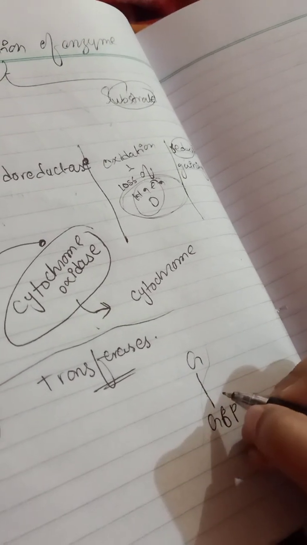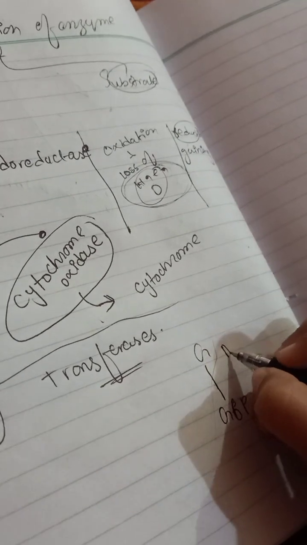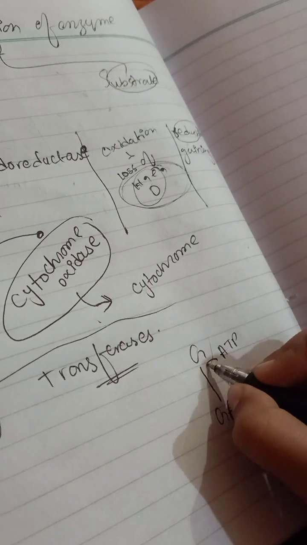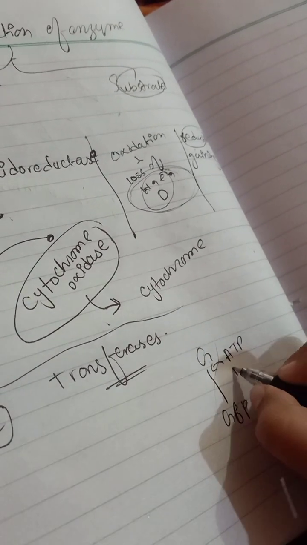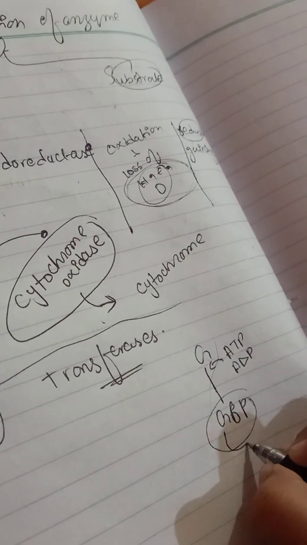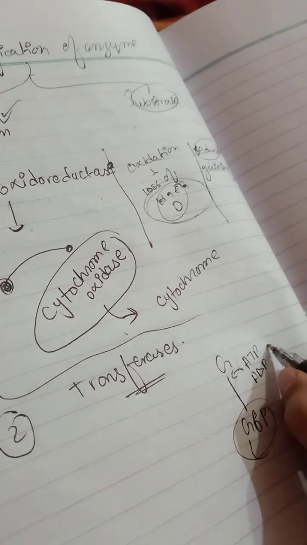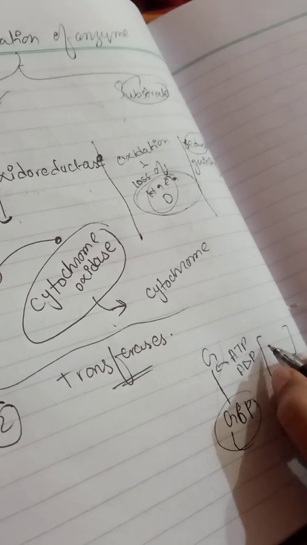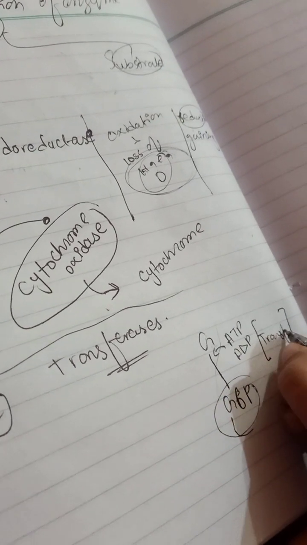Here ATP donated one phosphate to the glucose and became ADP, and glucose 6 phosphate was formed.